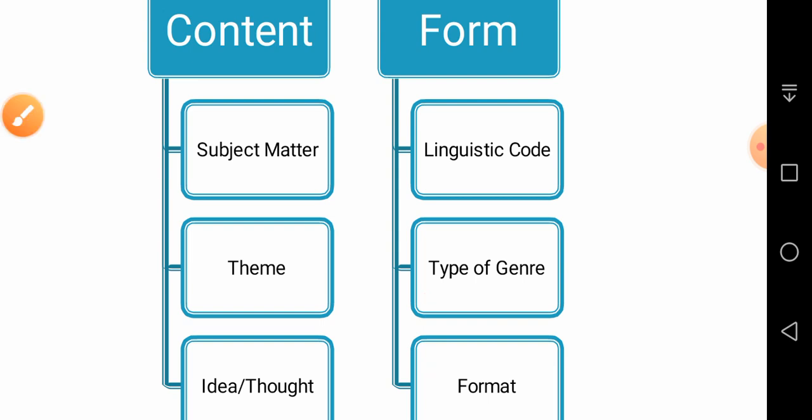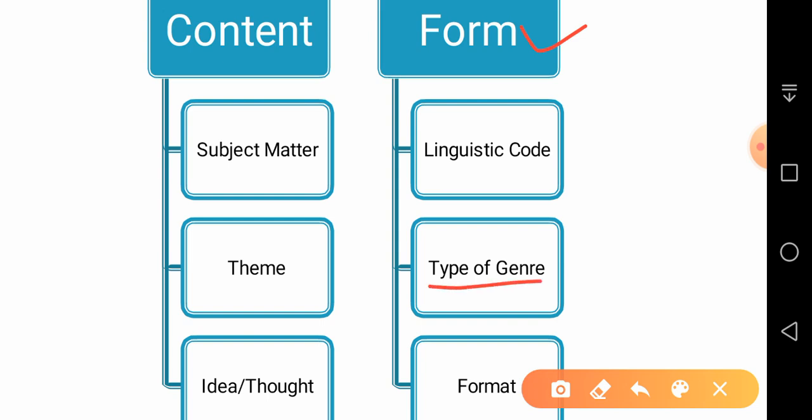Like, let's take the example of Paradise Lost. In its form, it's an epic. So its genre is epic. Definitely, we can also say in format or template, it is an epic, and it is full of linguistic code.